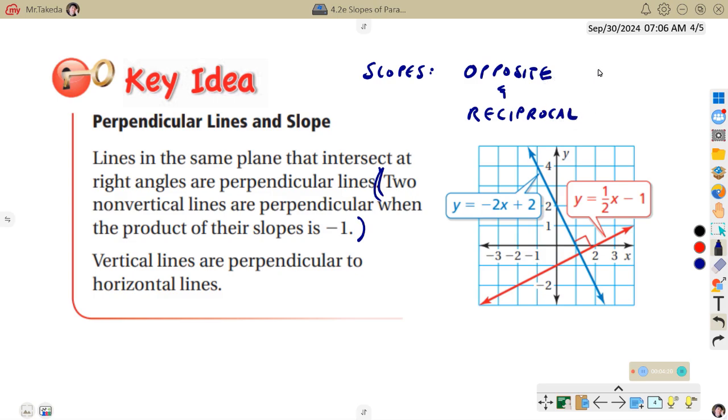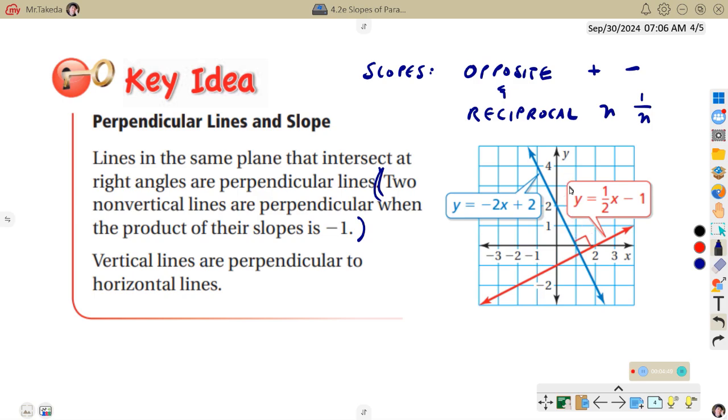Opposite means positive and negative are opposites. Reciprocal would mean like some number, n, and then 1 over n is the reciprocal. So the slopes are opposite: one has to be positive, one has to be negative. We learned about that the other day.